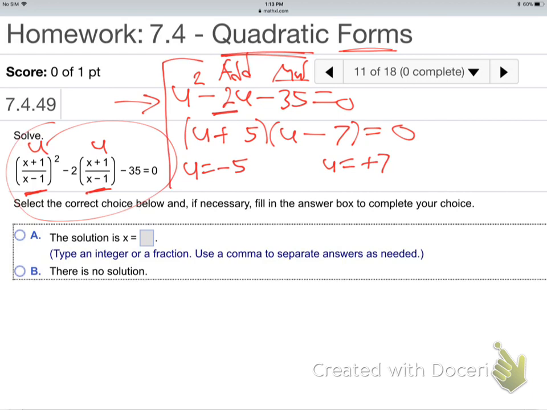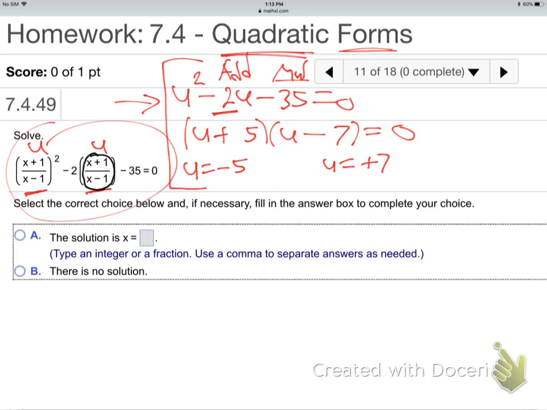So there's all the U work. Now we need to go back to the X stuff, right? So how do we do that? What has U been equal to all along? That big repeated chunk. U took the place of it. It's like an actor taking the place of the real person.